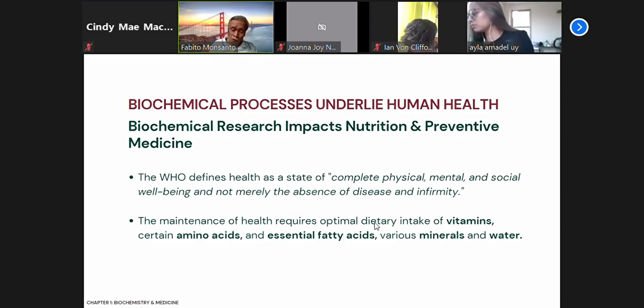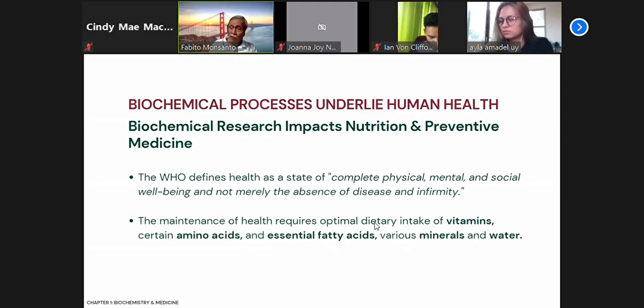That's our only weapon. There is no medicine for COVID-19. There is no vaccine yet. So what we have to do is to strengthen our immune system. And as I've said, zinc is very, very important in boosting the immune system.